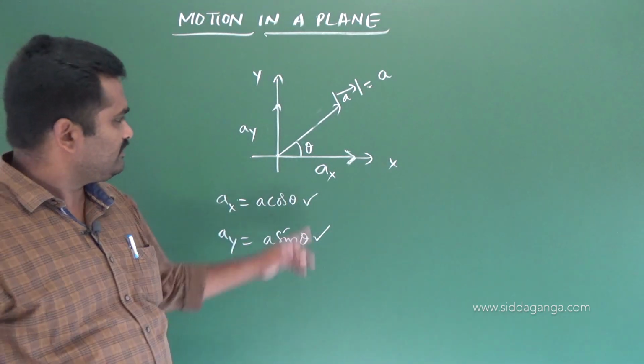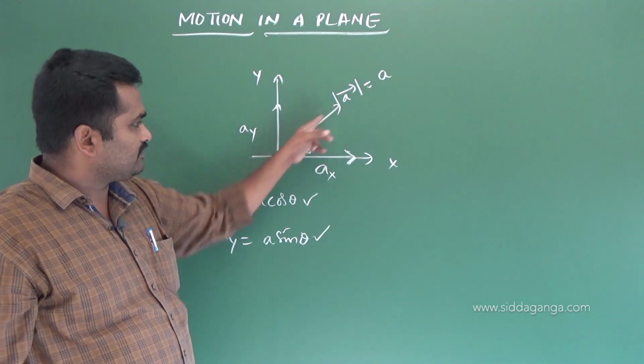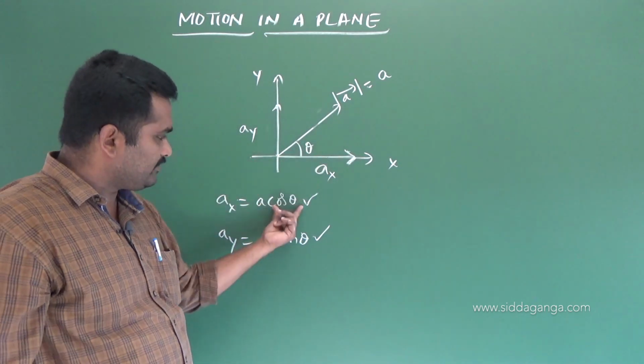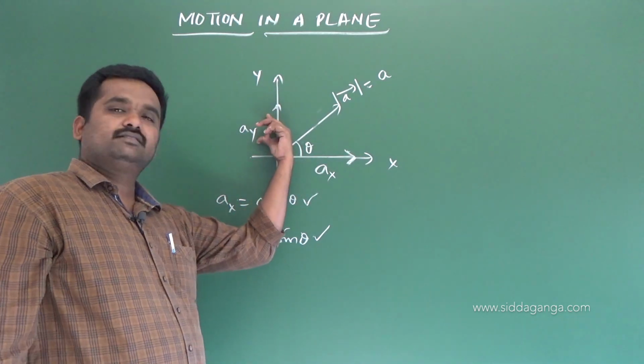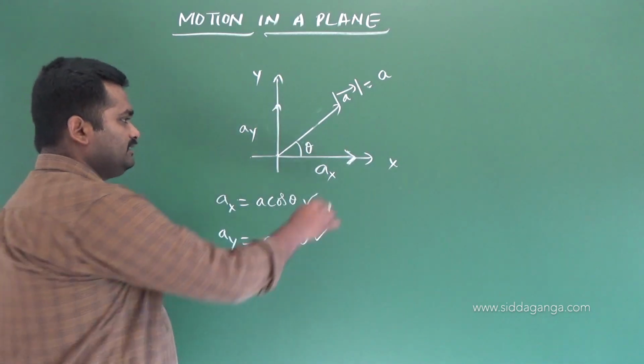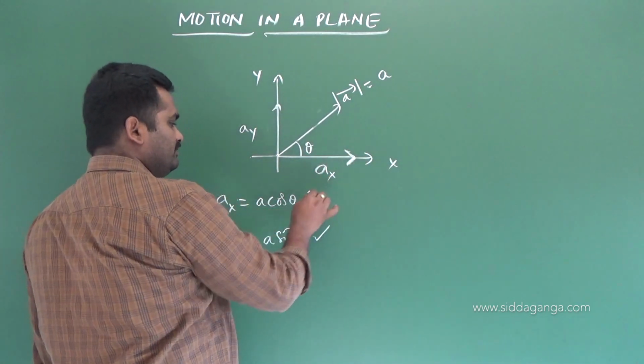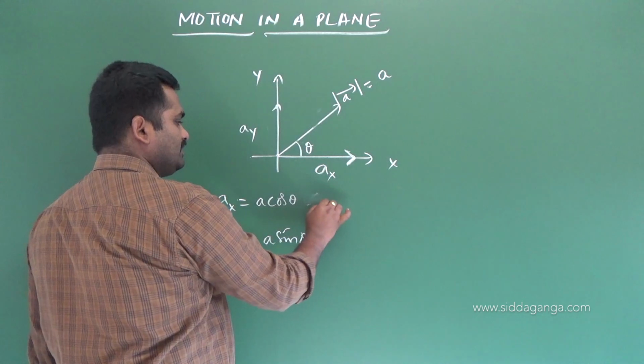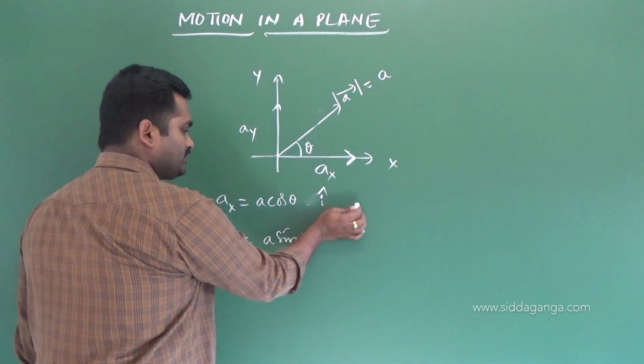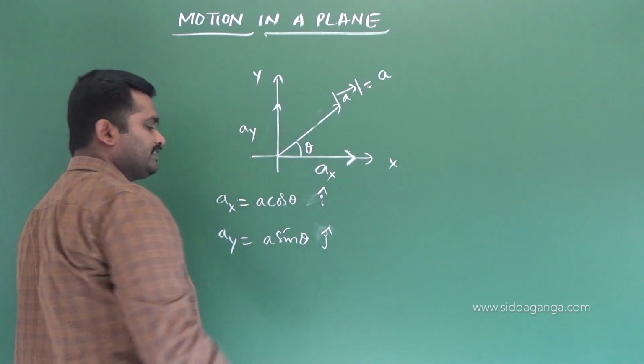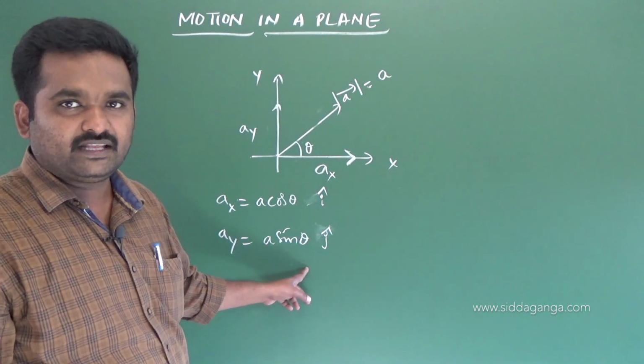Blindly just remember: whichever vector theta is made with, that particular component takes cos, and the other one is sin. In the x direction, the unit vector you mention is i cap, and in the y direction, the unit vector you mention is j cap.